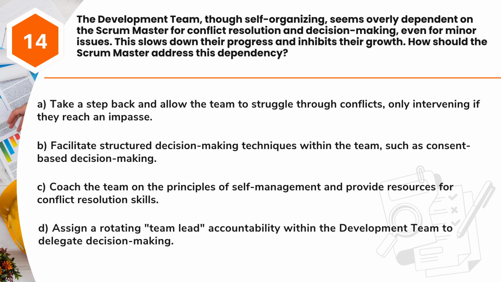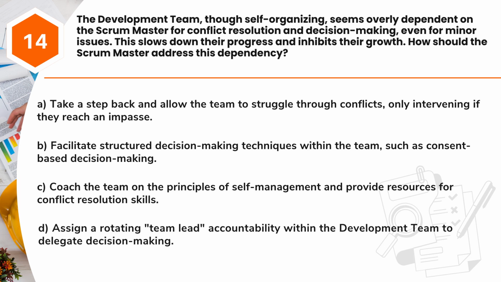Question 14. The development team, though self-organizing, seems overly dependent on the Scrum Master for conflict resolution and decision-making, even for minor issues. This slows down their progress and inhibits their growth. How should the Scrum Master address this dependency? A. Take a step back and allow the team to struggle through conflicts, only intervening if they reach an impasse.